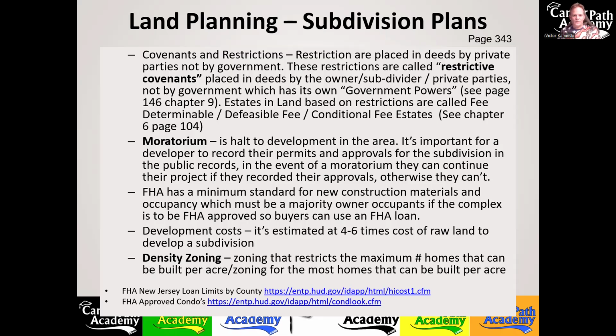So remember, if you're going to get an FHA loan, the loan limits by county are set on the HUD website, as well as those condo complexes that are approved. They have a database there you can search. But if you have a condo complex that's not HUD approved for FHA loans, you can always submit a package to get it approved.